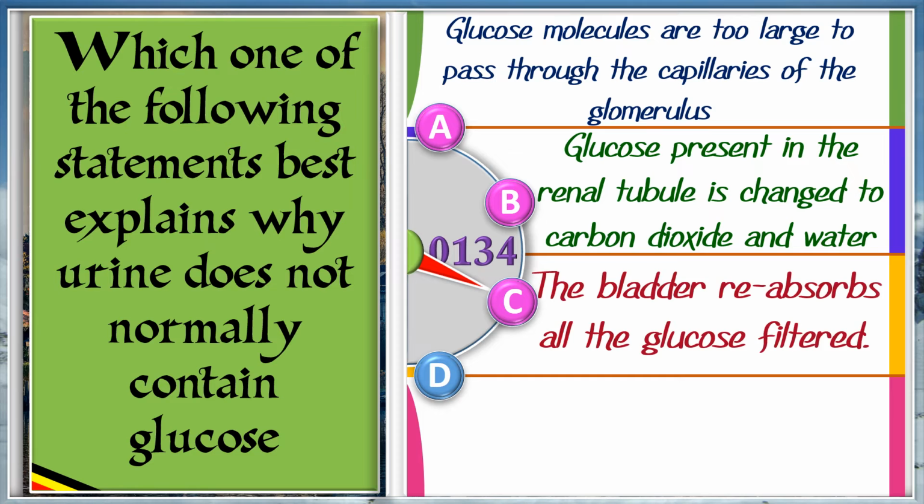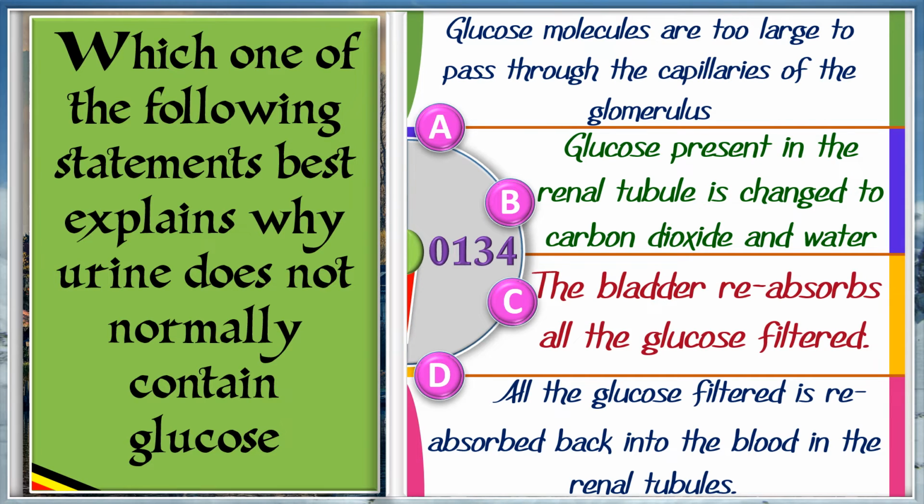C. The bladder reabsorbs all the glucose filtered. D. All the glucose filtered is reabsorbed back into the blood in the renal tubules. And the answer is D. All the glucose filtered is reabsorbed back into the blood in the renal tubules.